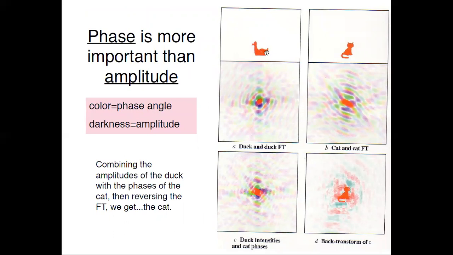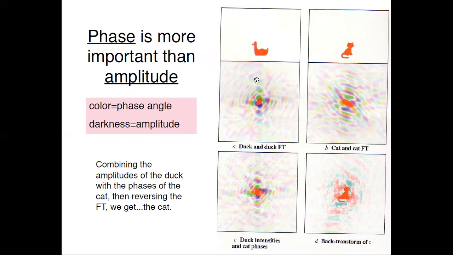Let us see a small example: A belongs to a small duck and B belongs to a small cat, and we look at their Fourier transforms. The color shows the phase angle and the darkness shows the amplitude.